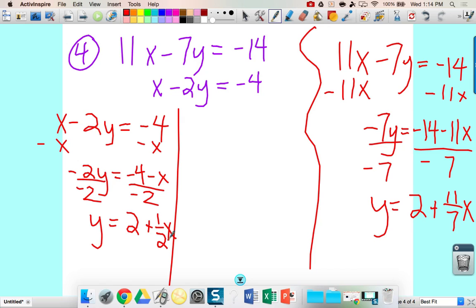And see the problem with this here? I would say 95% of people forget that there is a 1 right there, and then they just put 2x. Well, 2 is not the same as 1/2.